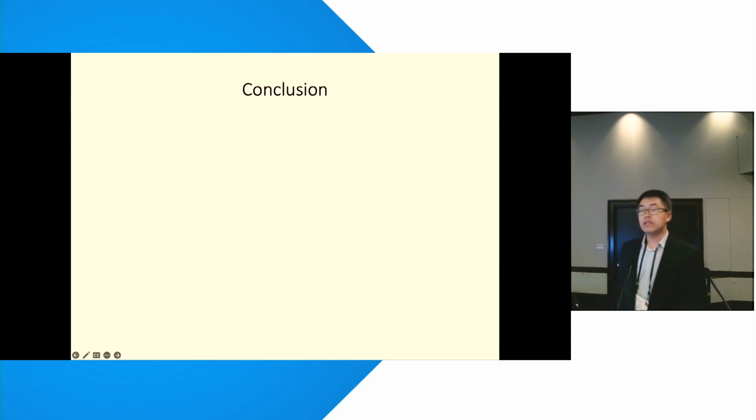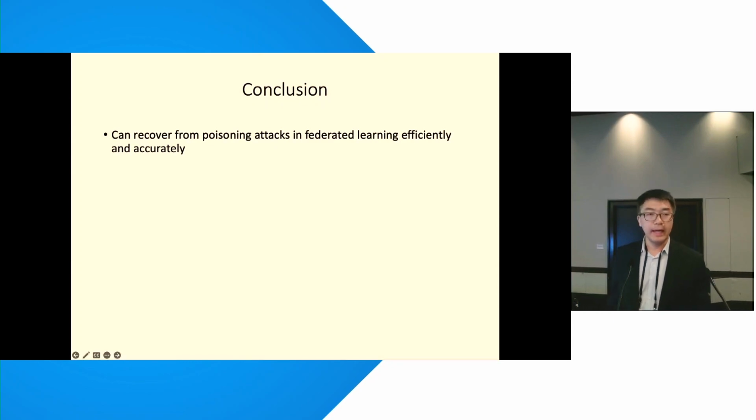So in this talk, we basically show that we can recover from poisoning attacks in federated learning both efficiently and accurately. One limitation of our method is that it requires the server to store the client local model updates and global models during the original training.